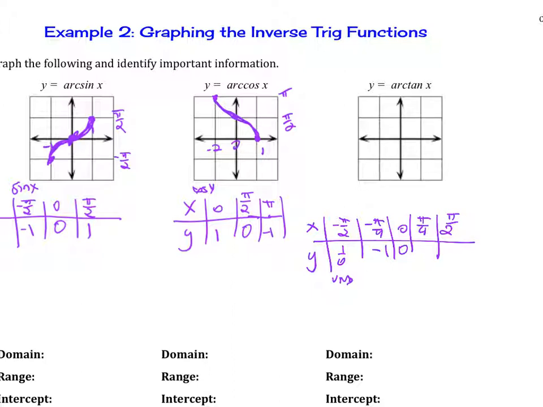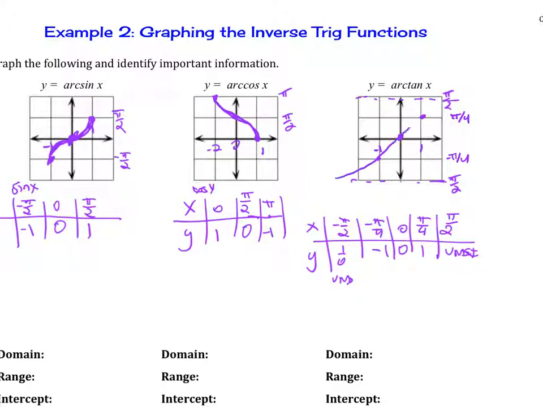At pi over 4, that is positive 1. And at pi over 2, that is undefined again. Negative pi over 2 and pi over 2 are undefined. Then we have other important points at pi over 4 and negative pi over 4, and 0, with 0, 1, and negative 1. So it will make this graph.